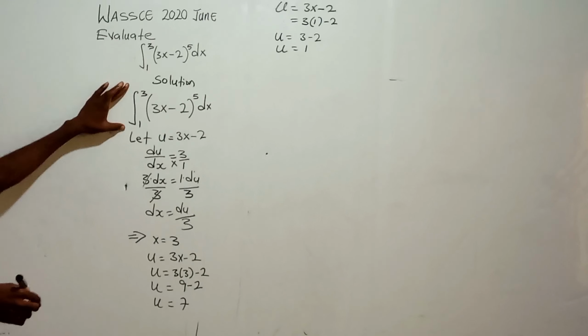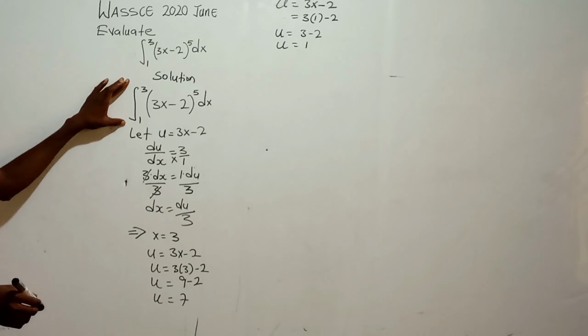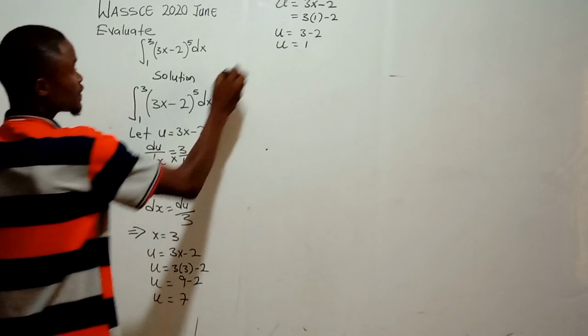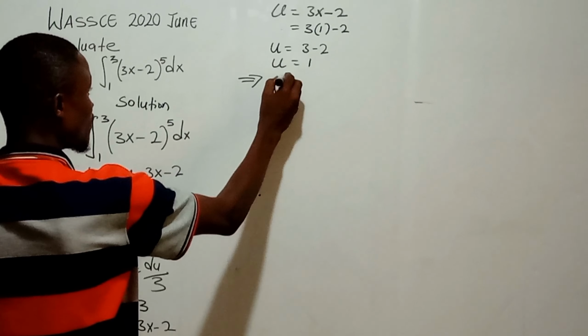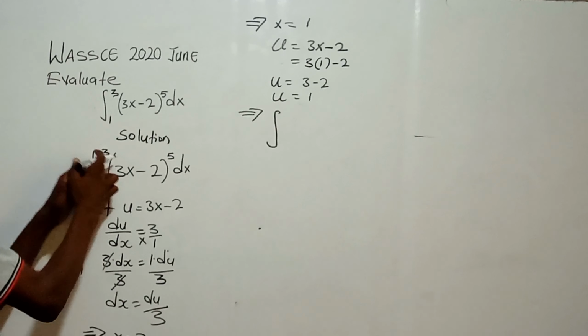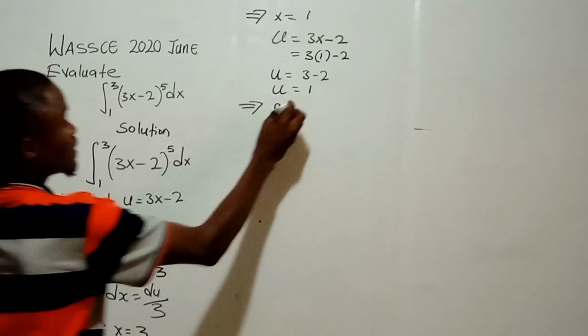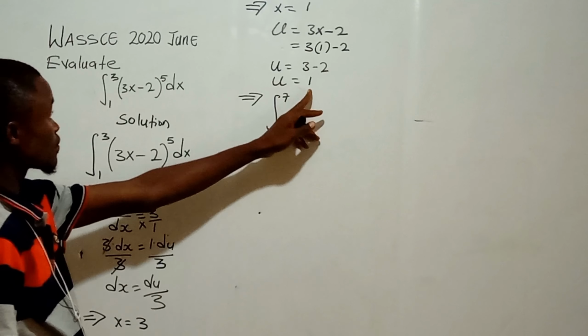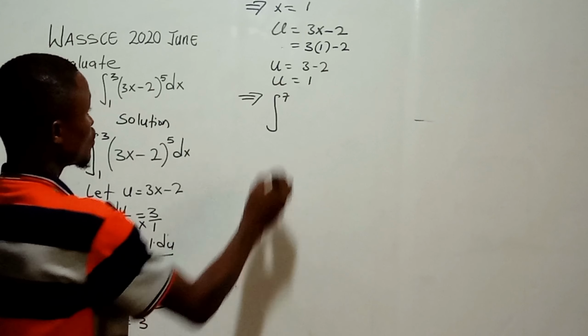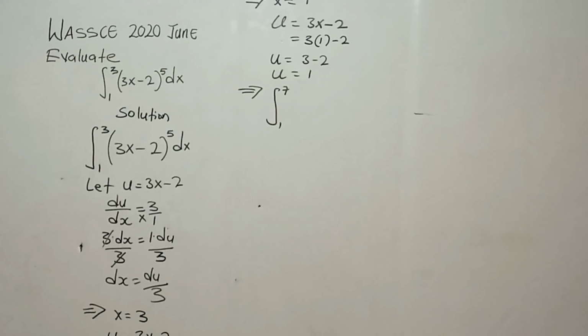So you recall from the starting of the problem, the integral we have now, for this 3 will be represented as 7, while for 1 it is 1. Are we getting it?